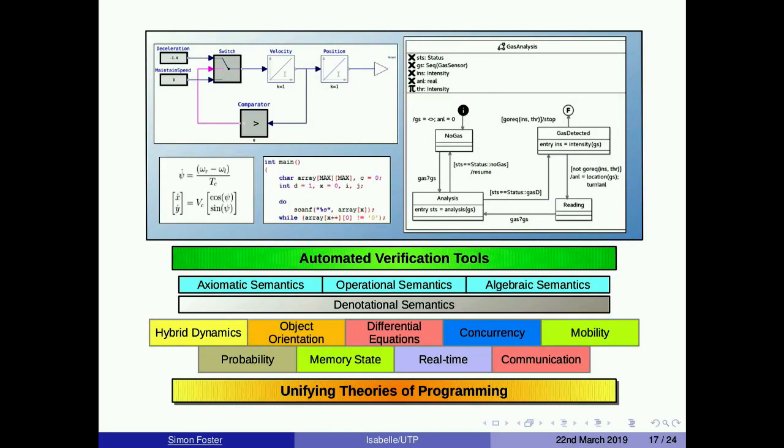So this is kind of the vision of unifying theories of programming. At the bottom, you've got unifying theories of programming. Then on top of this, we build these semantic building blocks, these computational paradigms. We try to characterize them. What does it mean for a language to be object-oriented?